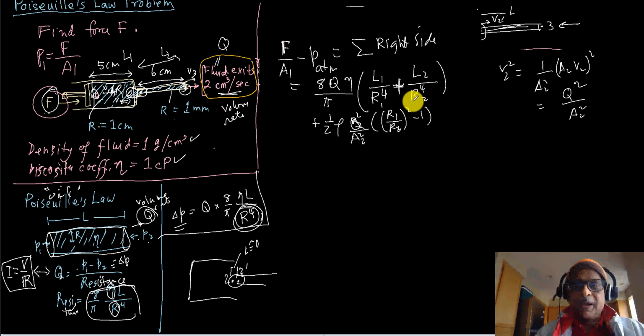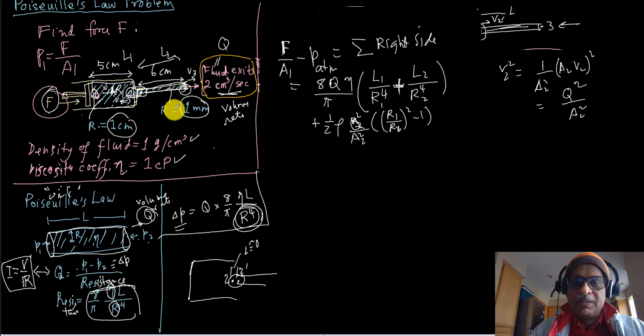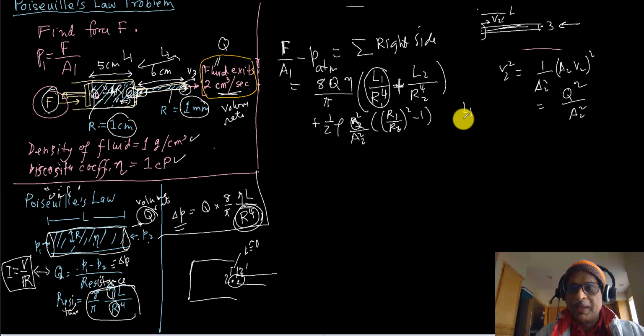First thing to notice is your R2 is 1 millimeter and R1 is 1 centimeter. So look at the 10 times difference, right? It's going to be magnified. So let's look at just this before I do all of this stuff. L1 over R1 to the power 4 is 5. Keep everything in centimeter.